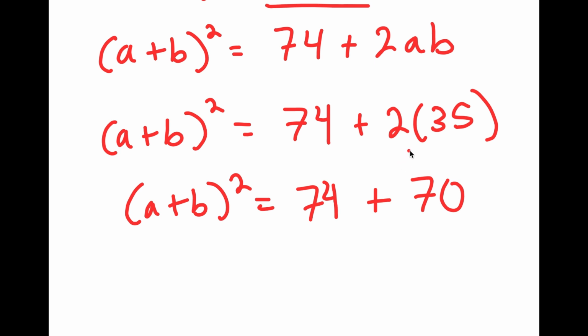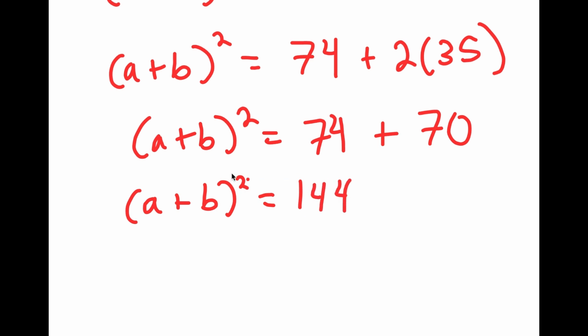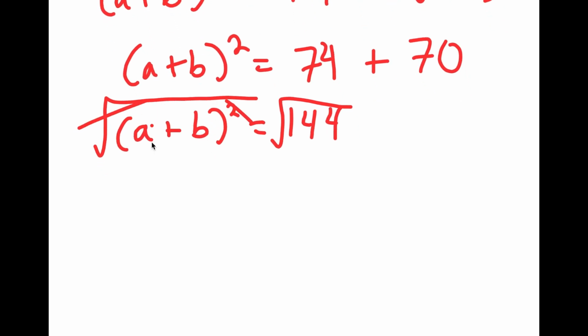And 74 plus 70 is equal to 144. So I get (a plus b) squared is equal to 144. Now, I'm going to take the square root on both sides so I can cancel out the square. So I have the square root of (a plus b) squared, which is just equal to a plus b, and the square root of 144, which is equal to positive or negative 12.